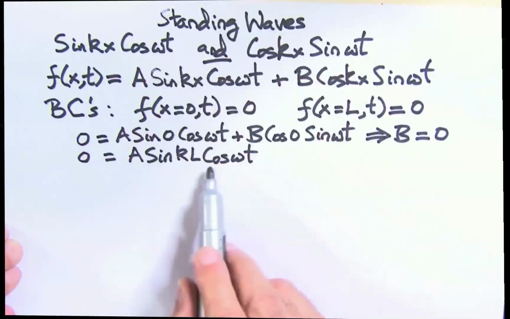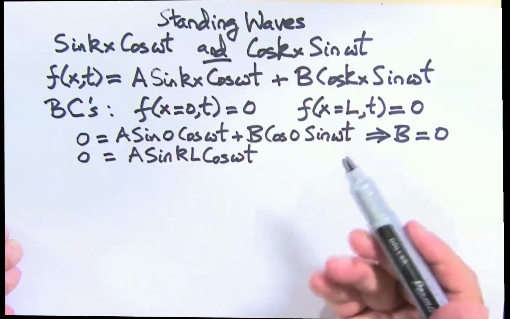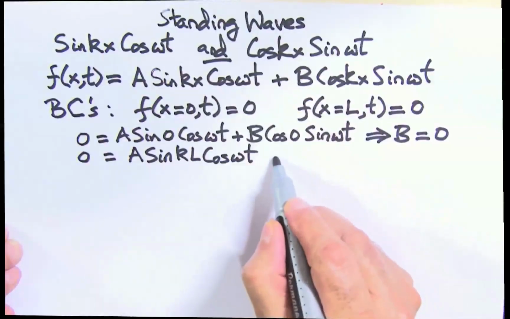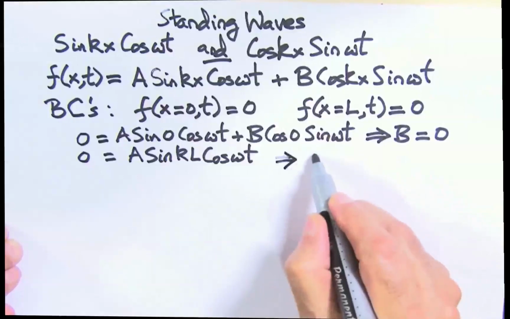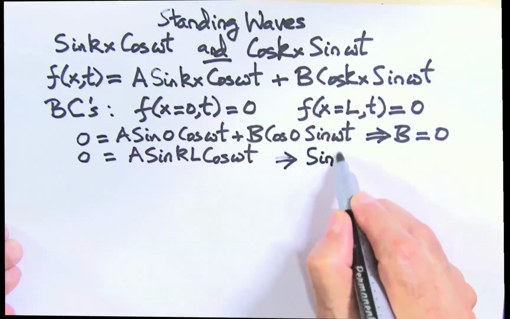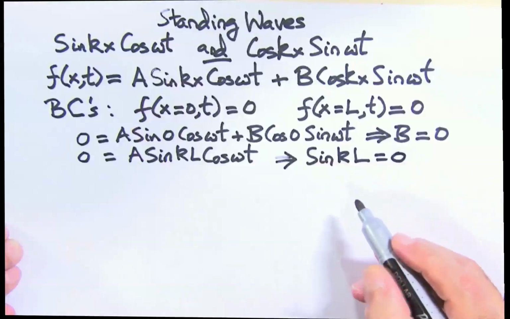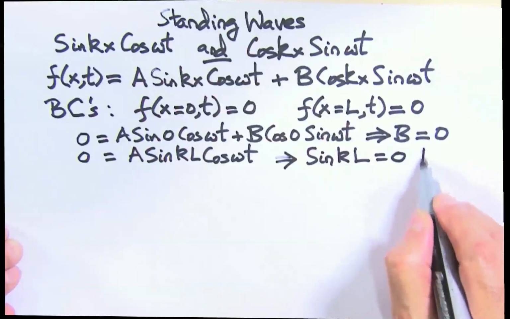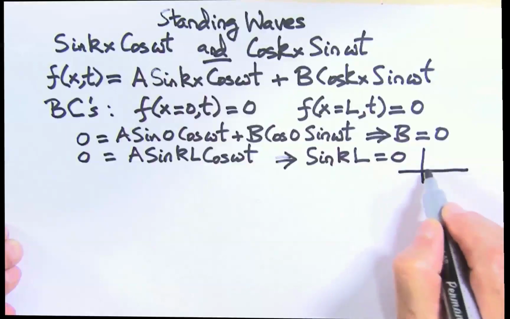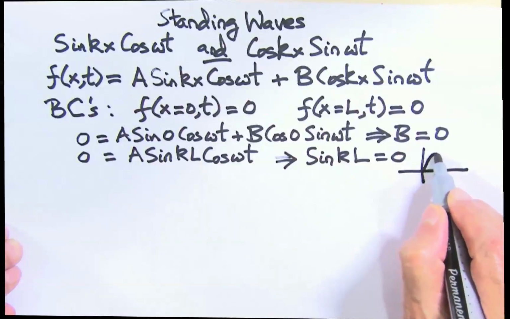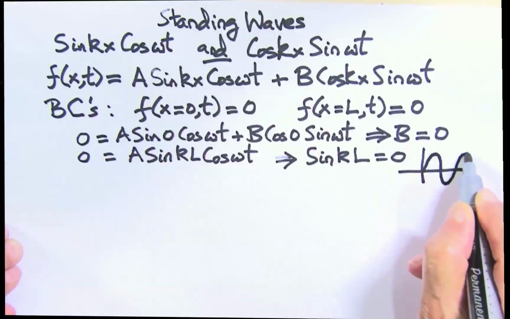Cosine of omega t is not 0 for all times, and so that puts the condition that sine of kL must be equal to 0. Now you know that the sine function looks like this. It starts from 0, goes up, comes down, goes up, comes down.